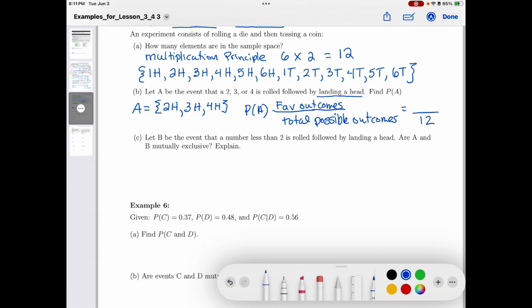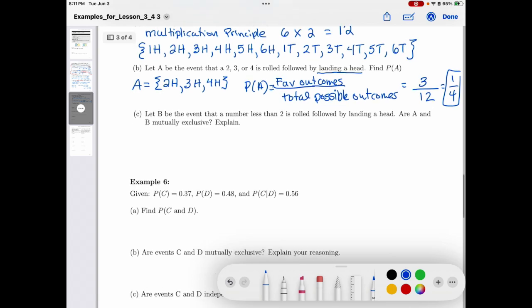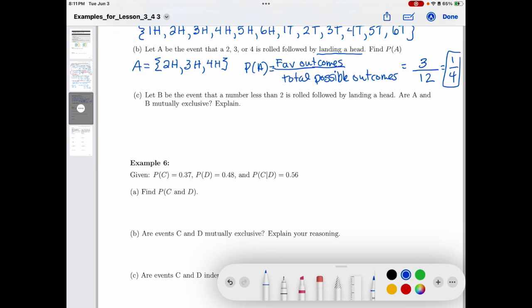We know that there are a possibility of 12 outcomes. So that's going to go in the denominator. Now, our favorable outcomes, those are the outcomes that are in event A. So we could get a 2H, a 3H, or a 4H. That's 3 possibilities out of 12. That's 3/12, but we can reduce it to 1/4. So that is our answer for part B.